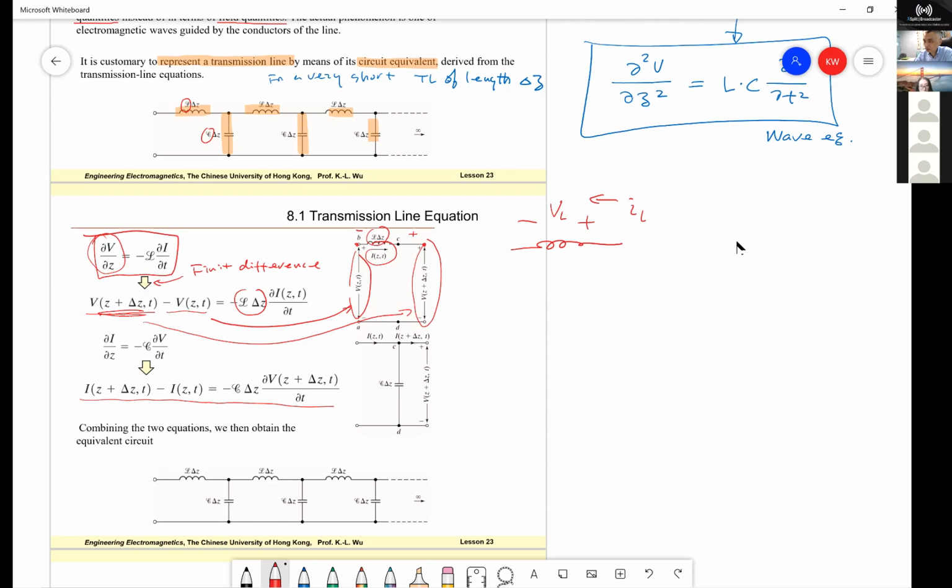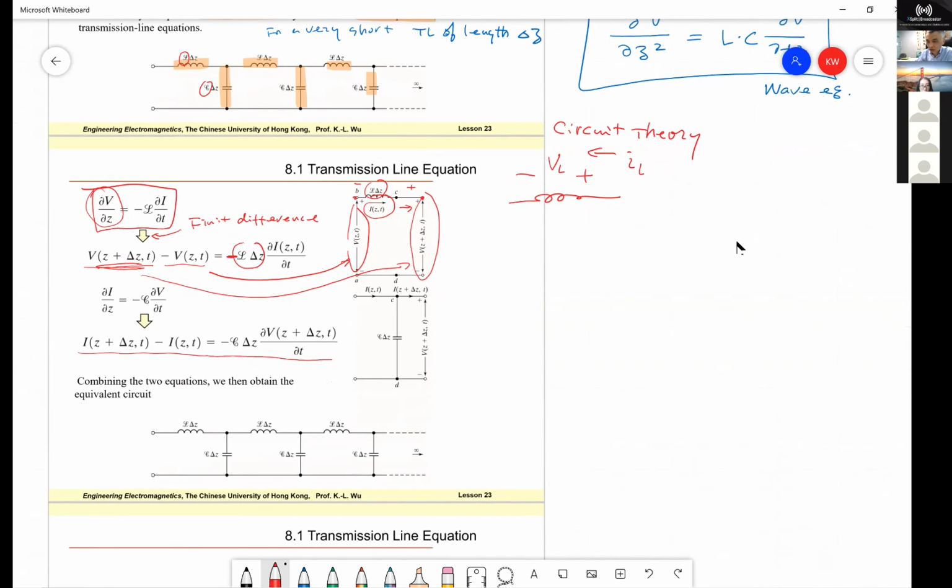This is circuit theory. But in microwaves, in RF transmission line theory, the current is going out of the plus sign, not into it. That's why we have a minus sign here. If we don't have this minus sign, then we have trouble satisfying the wave equation.